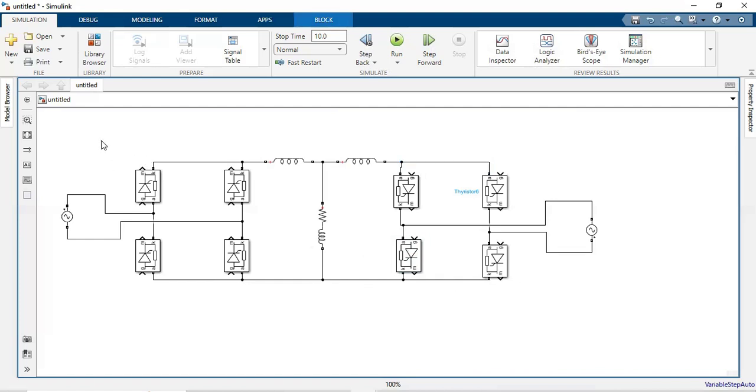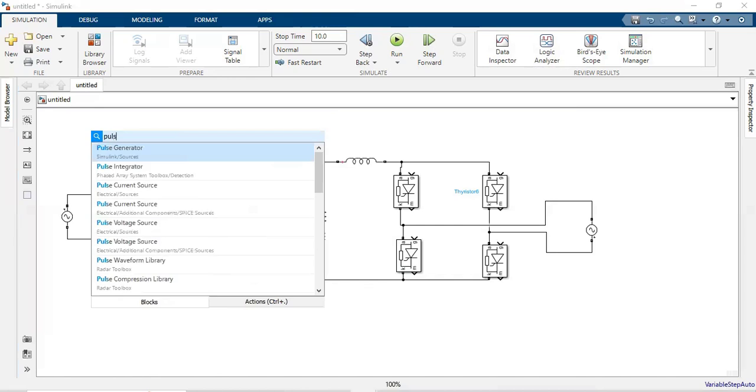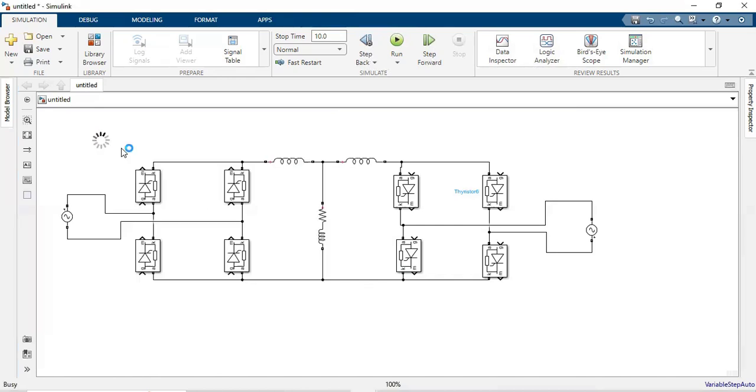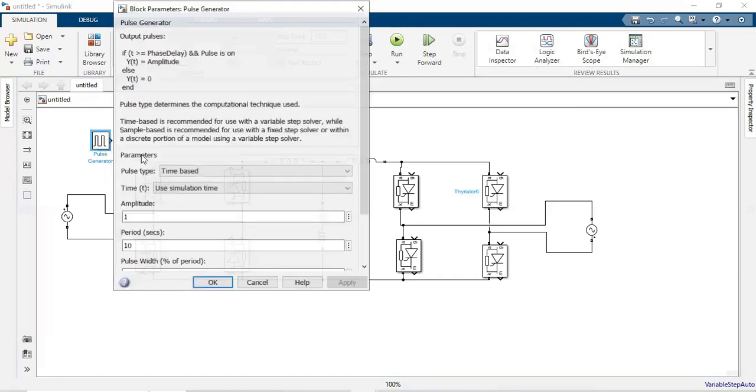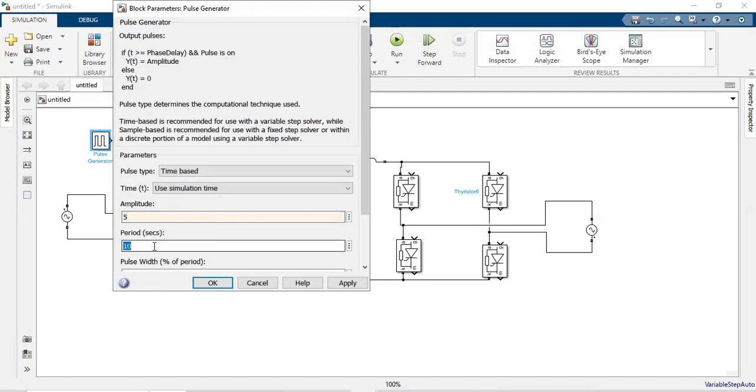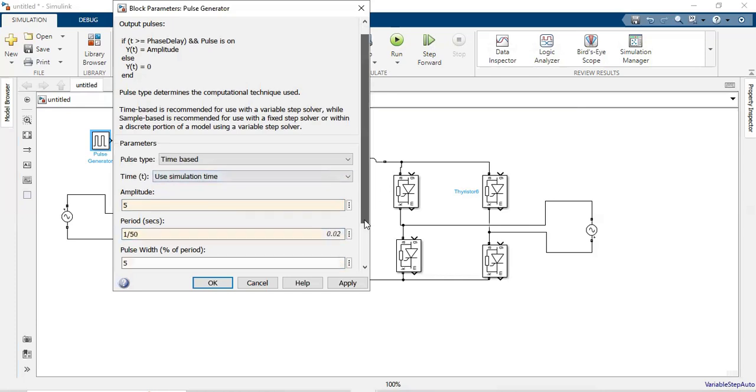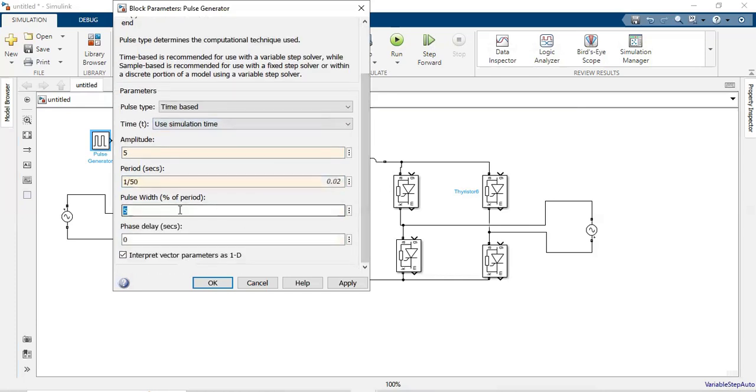And we need to have the pulse generator. Let the amplitude be 5 and time period is nothing but 1 divided by frequency, and let the pulse width be 5%, and let us choose the phase delay as 60 degree. So we need to have the 60 degree in time equivalent.